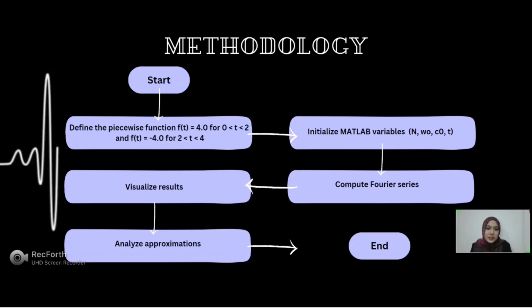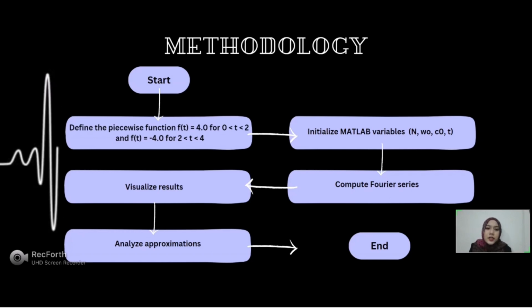To compute the Fourier series, two types of Fourier series are calculated: first, the complex exponential form, YCE, and second, the trigonometric form, YT. Next, visualize the results. Plots are created to visualize the original piecewise function f(t) and the truncated Fourier series YCE and YT, to compare with the original function.